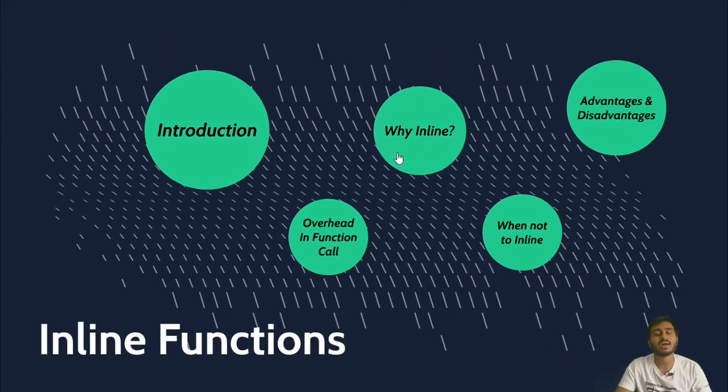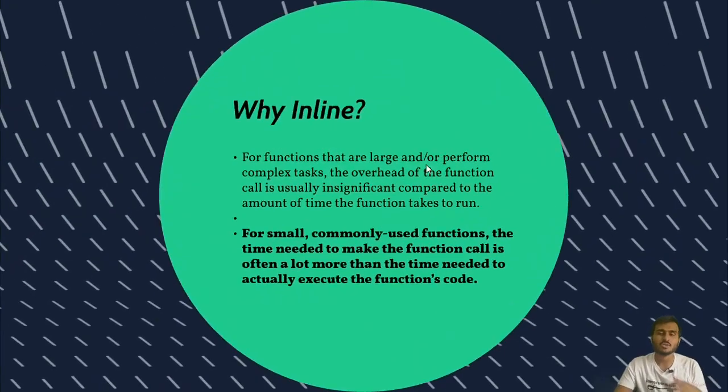So let's quickly see why inline. To avoid this overhead we are inlining the function. So let's see some concrete reasons behind inlining a function. For functions that are large in size, let's say a function having 200 lines of code, the overhead that we saw on the previous slide doesn't really matter.